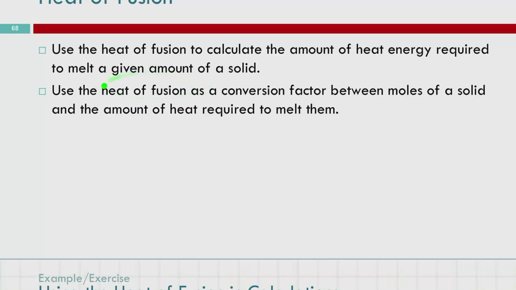We can use the heat of fusion as a conversion factor between moles of the solid or of the liquid and the amount of heat because of that secret per mole part. So since we have kilojoules and moles, that lets us convert between the two things.